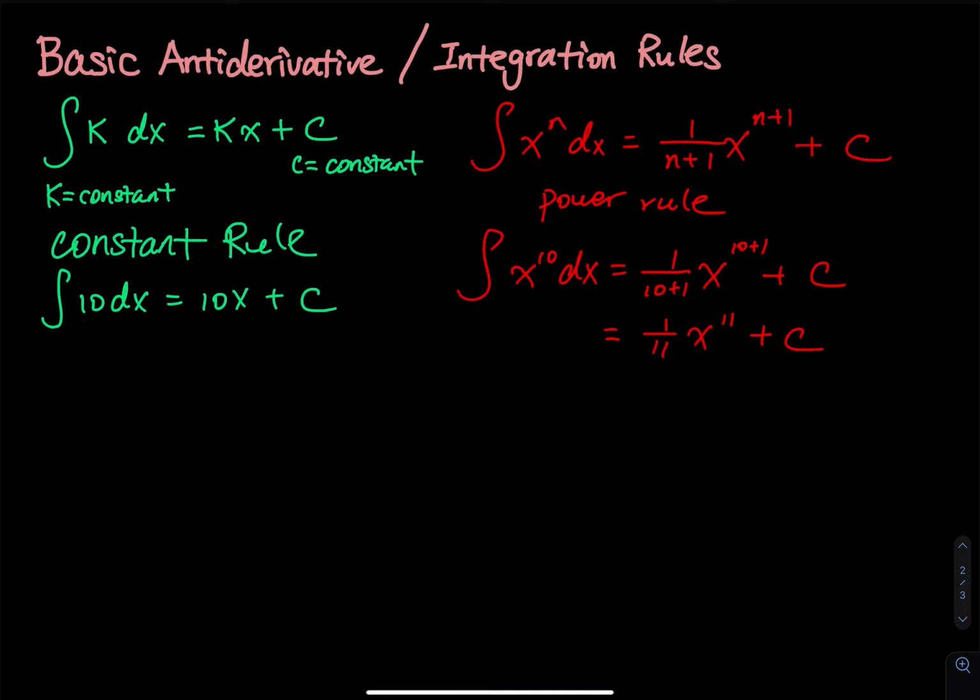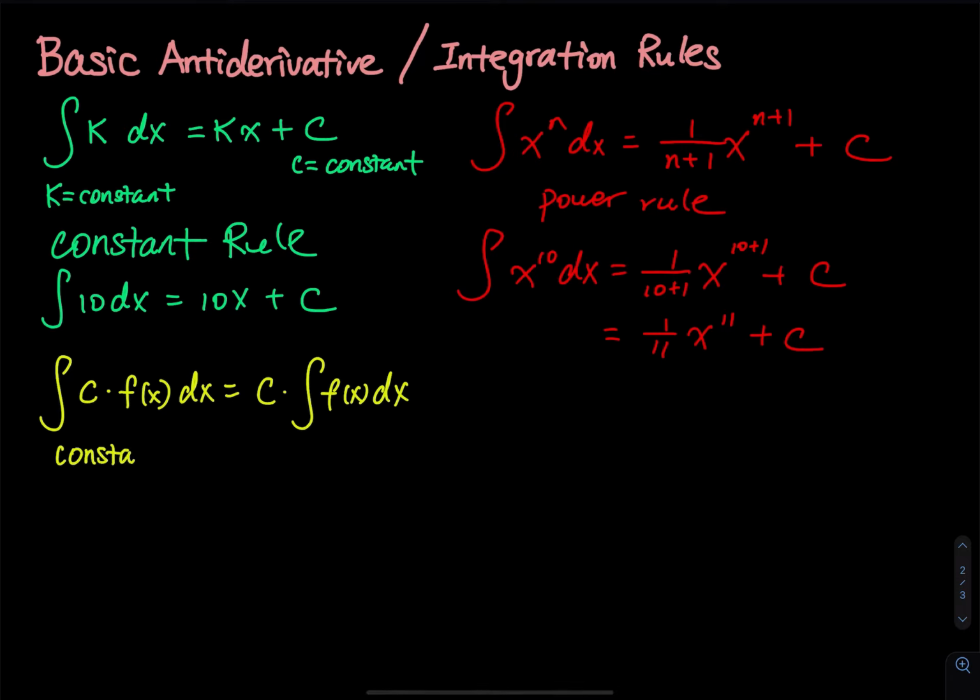And then the next rule is called the constant multiple rule. Let's say we have an integral of a constant times another function f of x. You can simply pull the constant out. So that is a constant times the integral of f of x dx, and this is called the constant multiple rule.